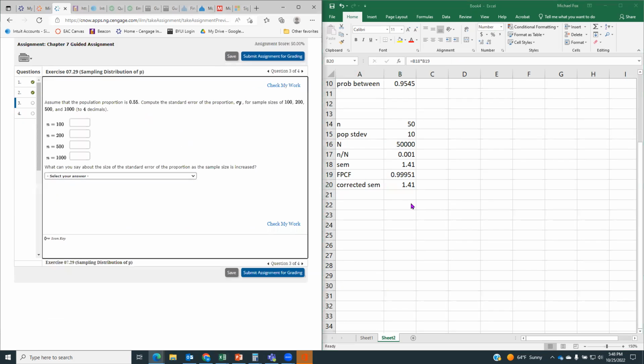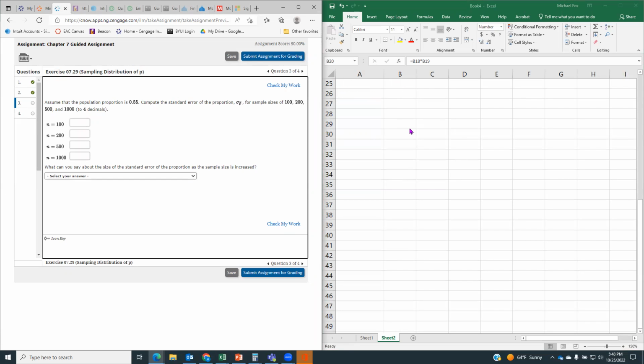So number 3, we're getting into the sampling distribution of a proportion. We can recognize this as a proportion because it almost always starts with something like, assume the population proportion is 0.55, or somebody thinks they have a proportion of 0.4. That can help you identify it when there's not a label telling you.